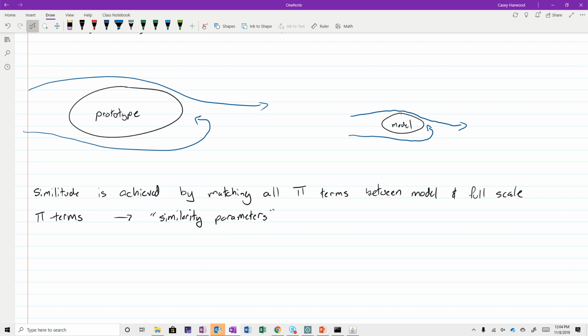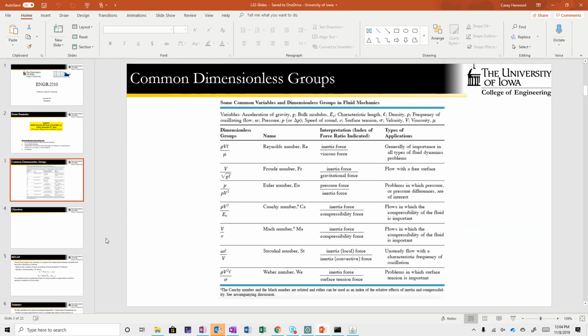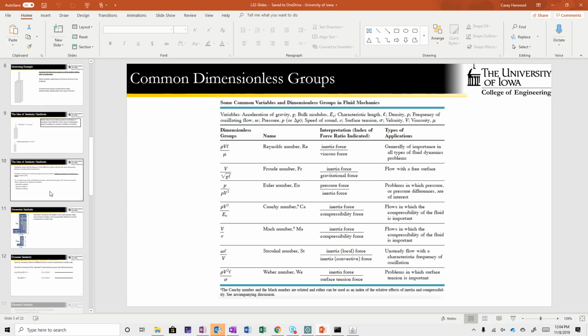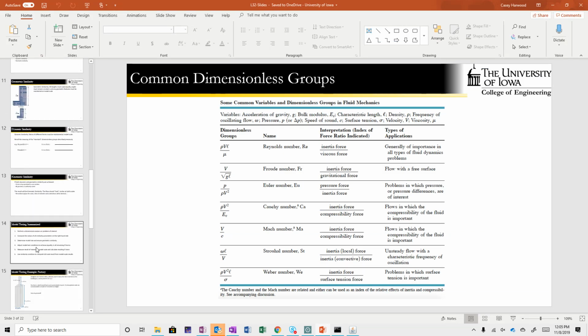So we're going to quickly go through the steps that are involved in dimensional analysis and model scaling and expanding those results to full scale. I'll throw it out on a slide, and then we'll do an example, and that'll close us out of Chapter 7. So briefly, here we go.